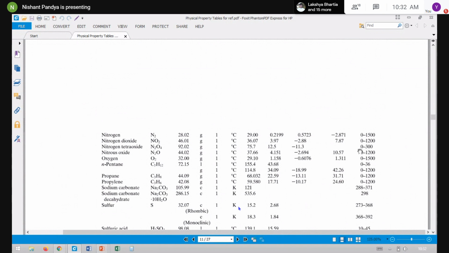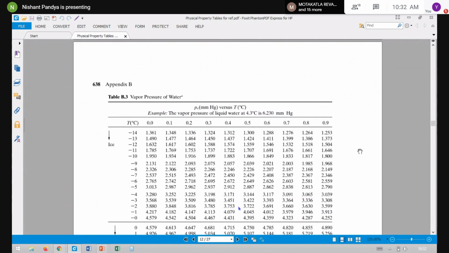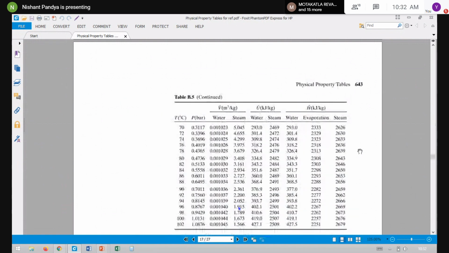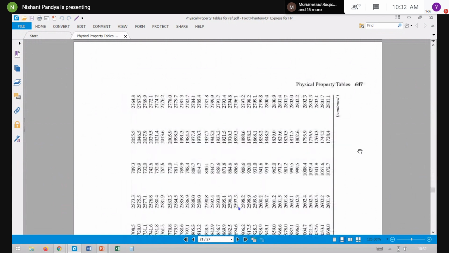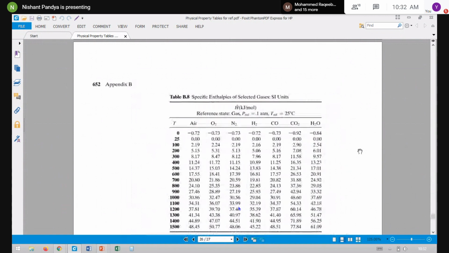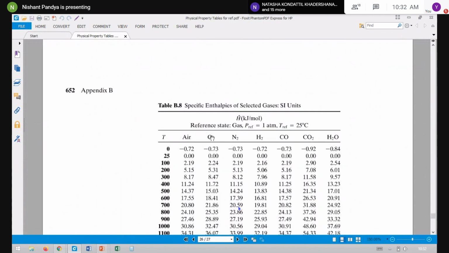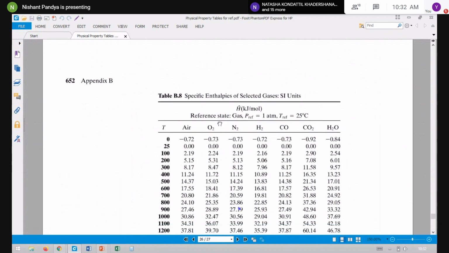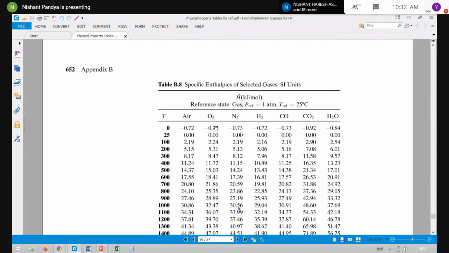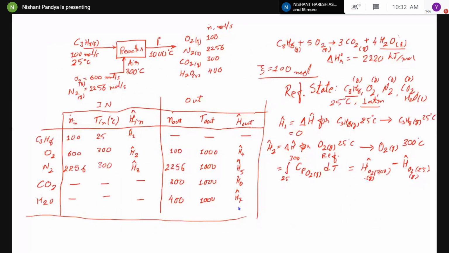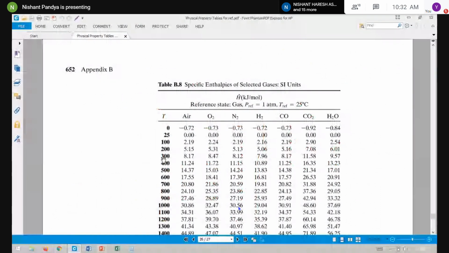The next thing is to use the enthalpy table. We have table B8. Here you have O2. What we want is the enthalpy at two different conditions: enthalpy at 300 and enthalpy at 25. The enthalpy at 300 is this one, 8.47, and the enthalpy at 25 is 0.